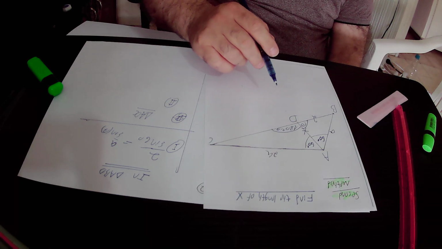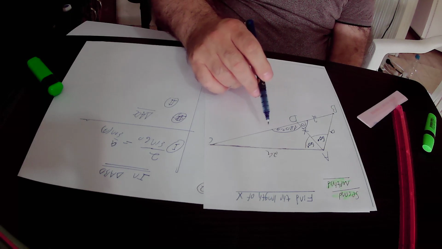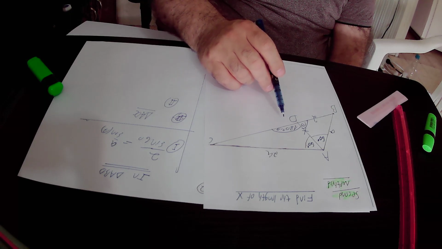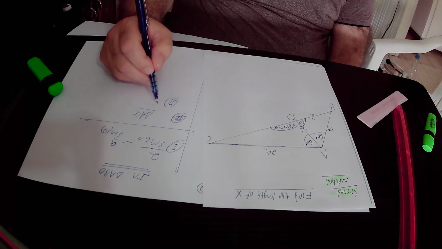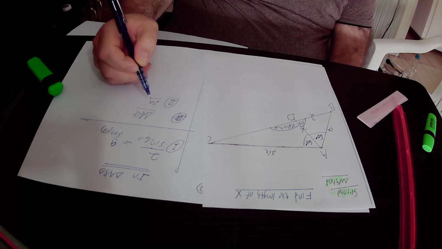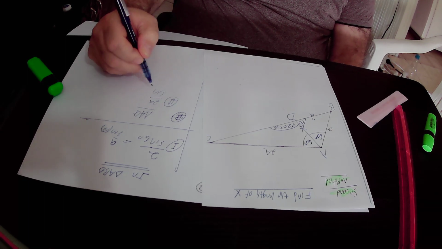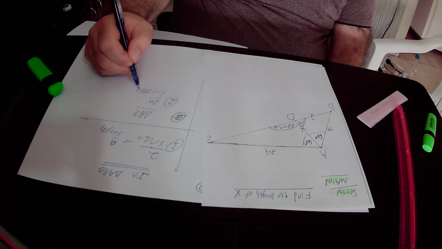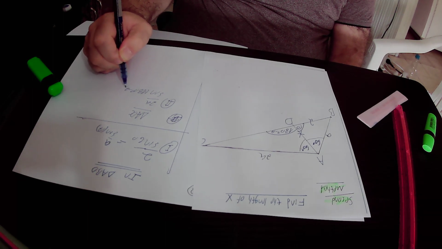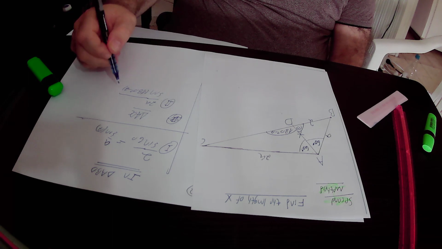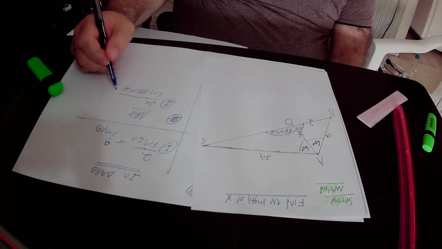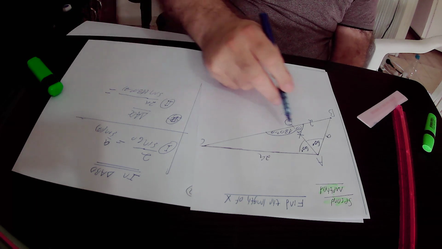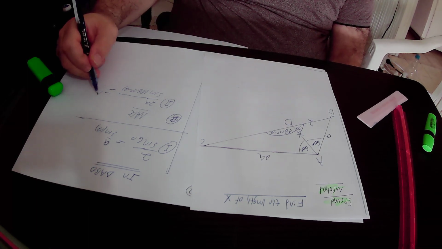Here, 2a over sine of 180 degrees minus theta equals DC over sine 60 degrees.